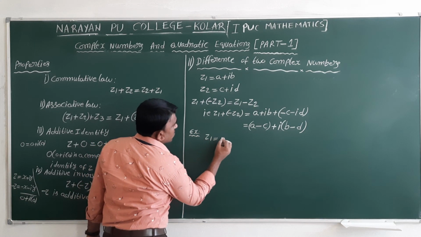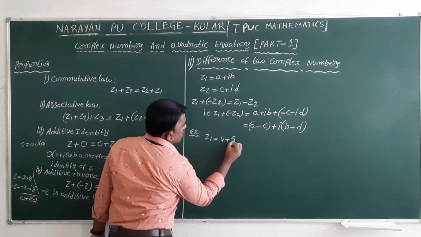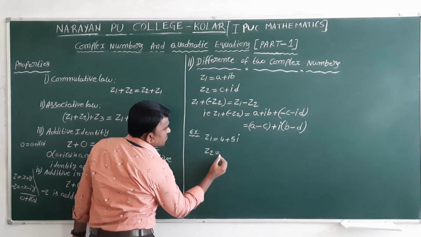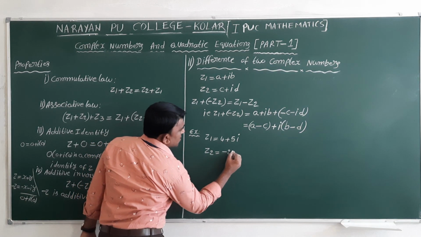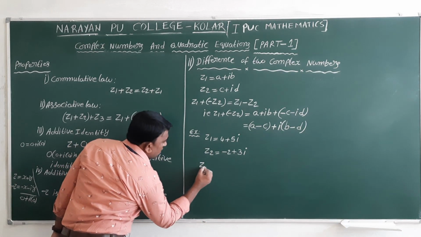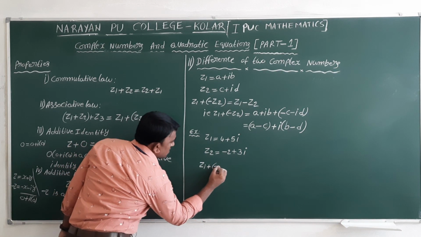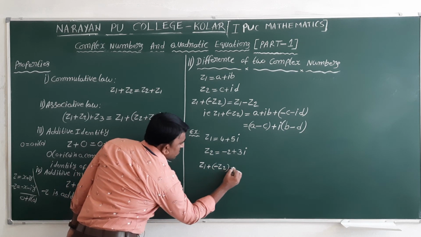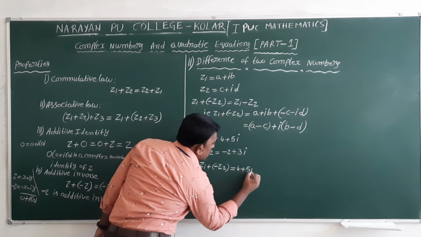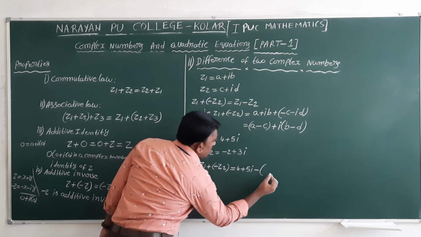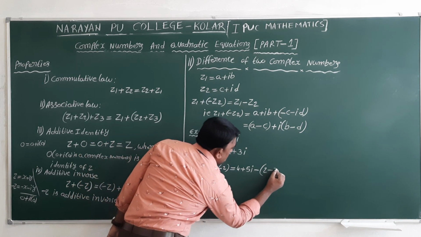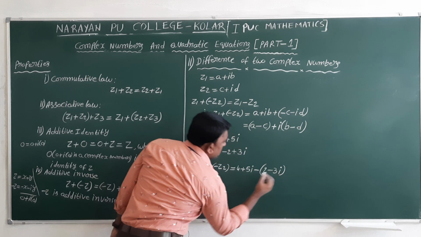For example, z1 equal to 4 plus 5i, z2 equal to minus 2 plus 3i. Then how to define the difference of two complex numbers? z1 plus minus of z2 equals 4 plus 5i, minus of, multiplying with minus, z2 gives 2 minus 3i.